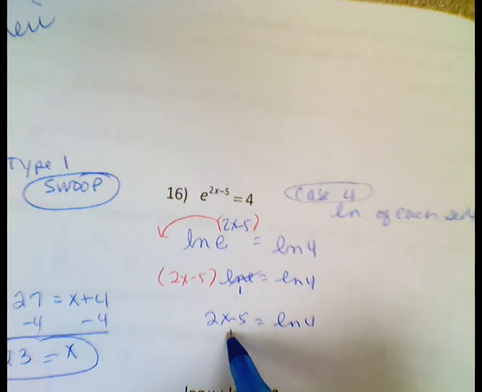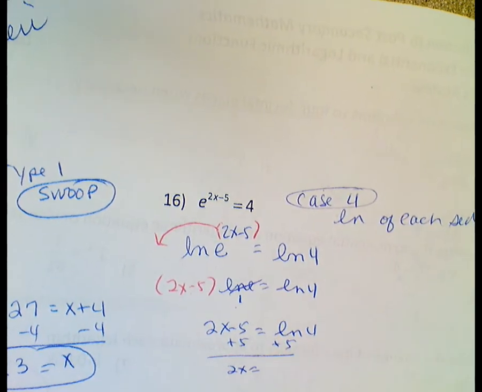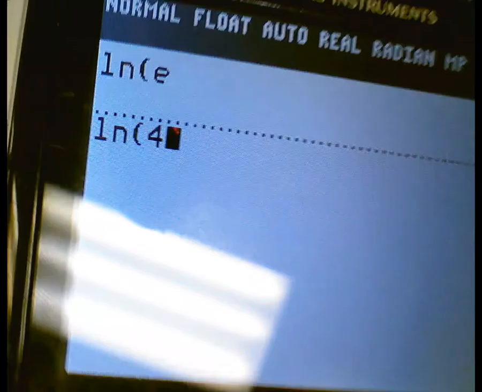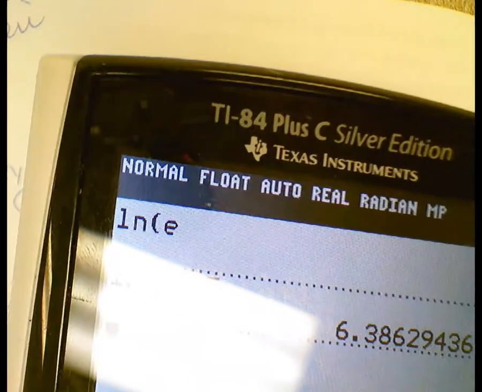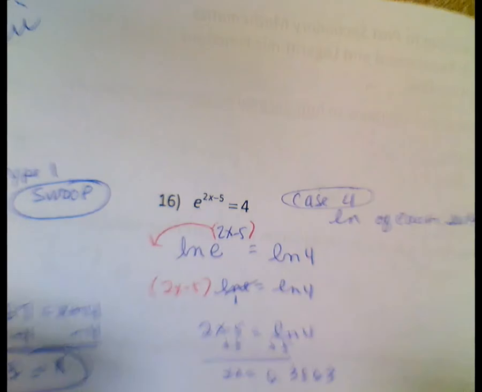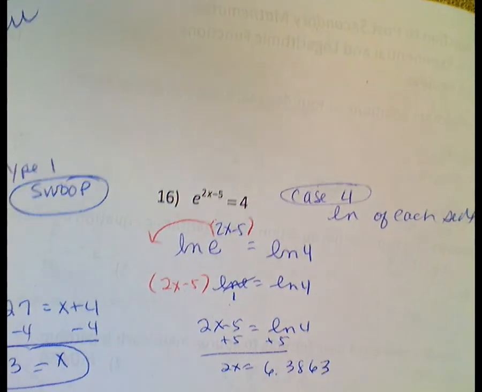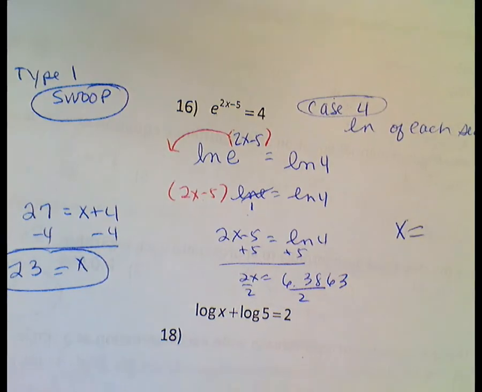Solving for x, inverse operations, add 5 to both sides. So we're going to have natural log of 4 plus 5 equals 6.38623 or whatever. And then we're going to divide both sides by 2.